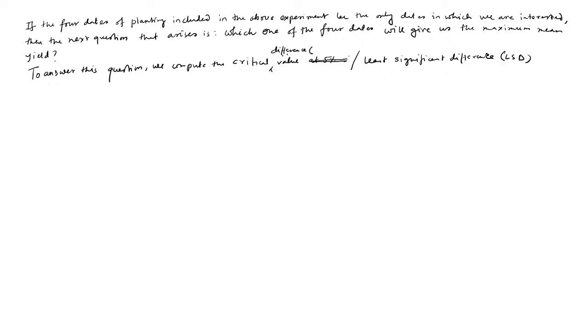or critical difference CD value, at 5% level of significance, is equal to t 0.025, error degrees of freedom, that is 6, into the square root of 2 MSE by n naught, here it is 3. Please compute this value. According to my calculation, I get 1.48. Please check.